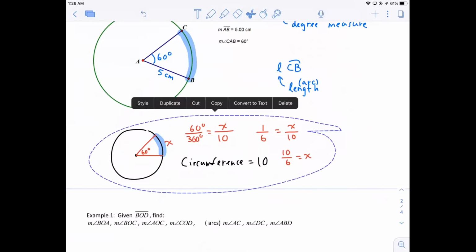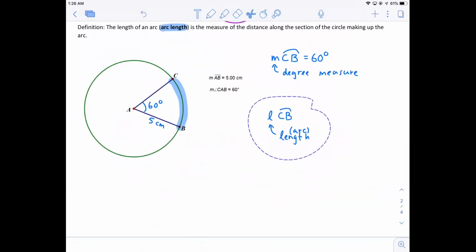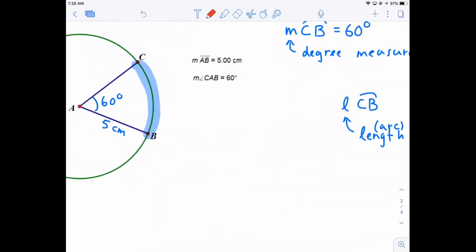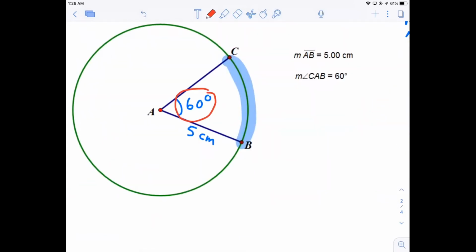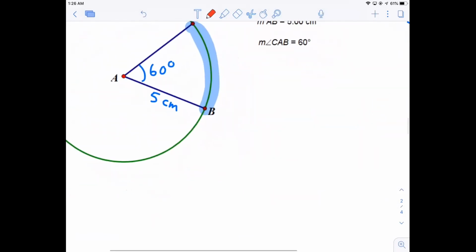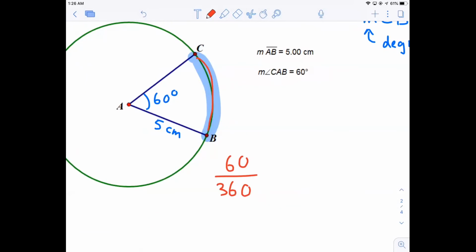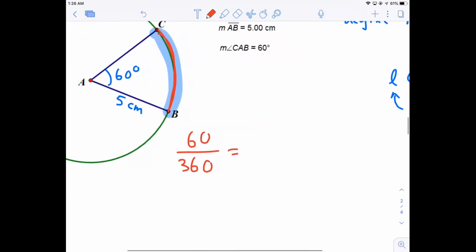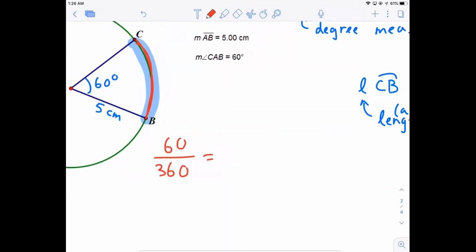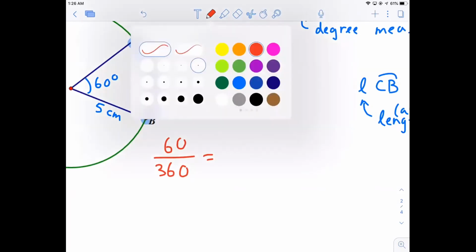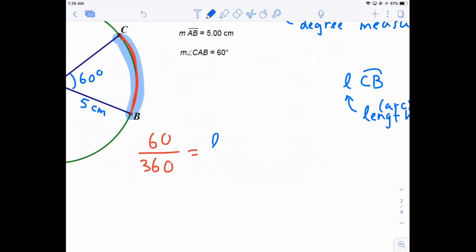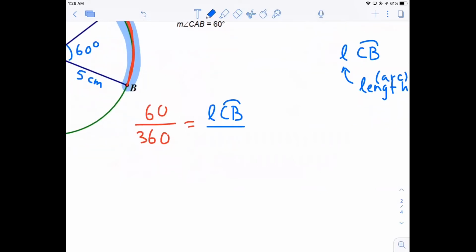So we can do the same thing for our example up here. Again, I know this is 1/6 of the entire circle. You would get that by setting up this ratio, 60 to 360. So now that 60 degrees is going to correspond with our arc length of CB, so the length of CB over the entire circumference.